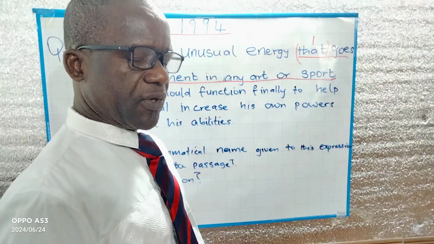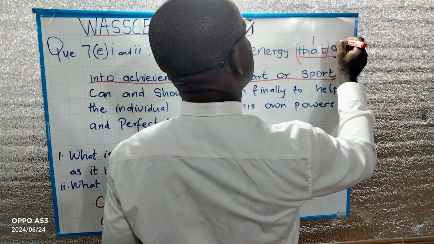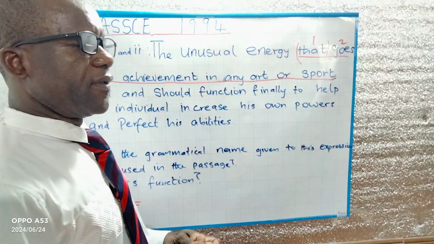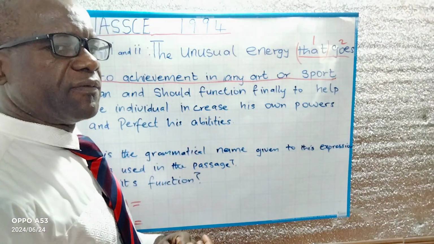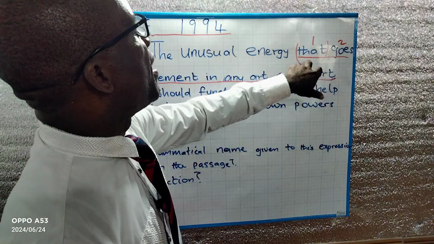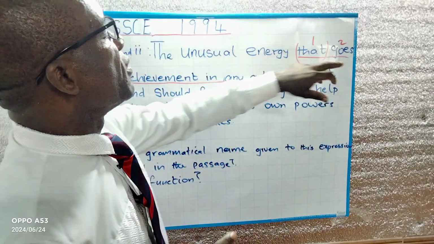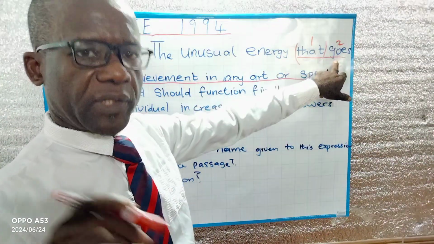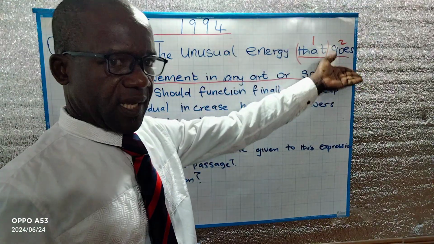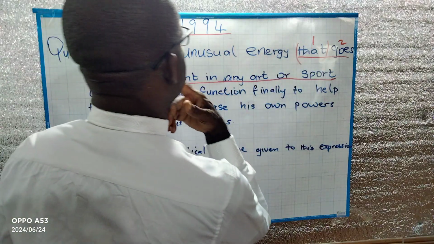I'm sure in your basic grammar you understand that. So goes is a finite verb. And let me also make the point here that there are two qualities of a finite verb. The first is that it has to be the main verb in the underlying expression, and also it must show tense, it must show time. In this case, the tense or time is what? Present tense or present time, okay? So there's test 2 passed.